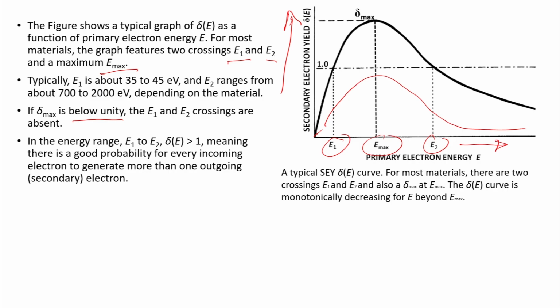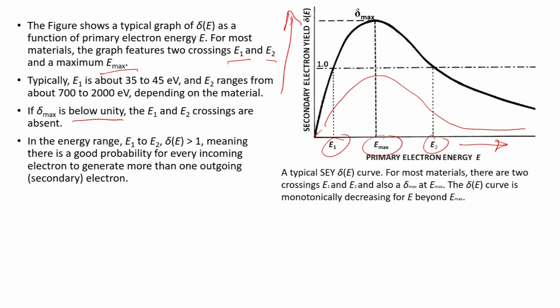What does it mean if, in the energy range E1 to E2, delta is greater than 1? It means there is a good probability that for every incoming electron it can generate more than one outgoing electron. That is very important.